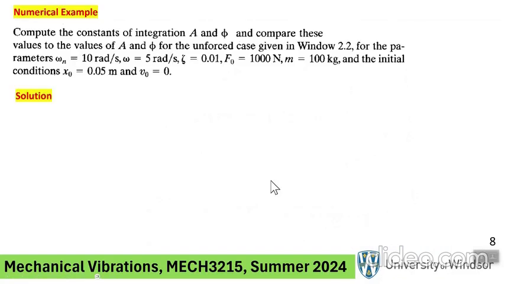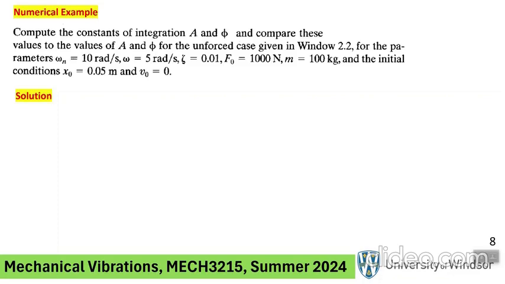Okay, so let's do some examples. It says compute the constants of integration big A and phi, remember from the previous slide, and compare the values of big A and phi for the unforced formulas. Now, what does that mean?